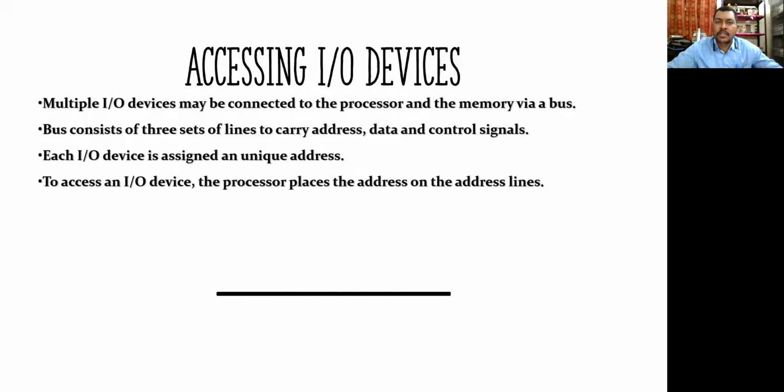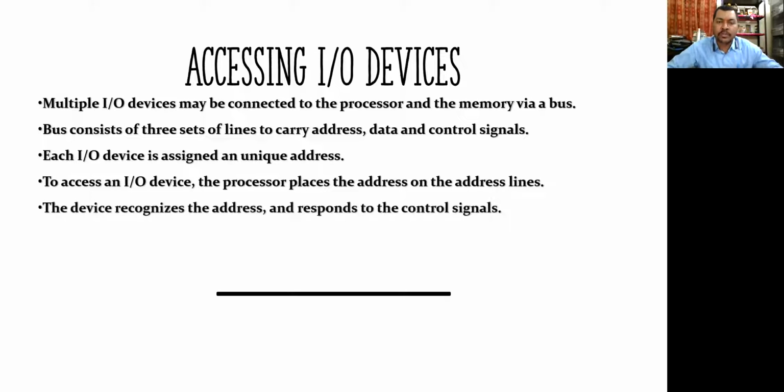Each input output device is assigned with a unique address. So one particular input output device is having a particular unique address through which we are going to communicate to the 8085. To access an input output device, the processor places the unique address or unique code of that particular input output device on the address lines. Right now, as soon as you put that address, the device recognizes the address and responds to the control signals.